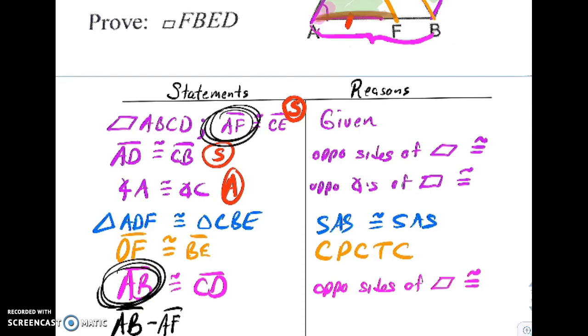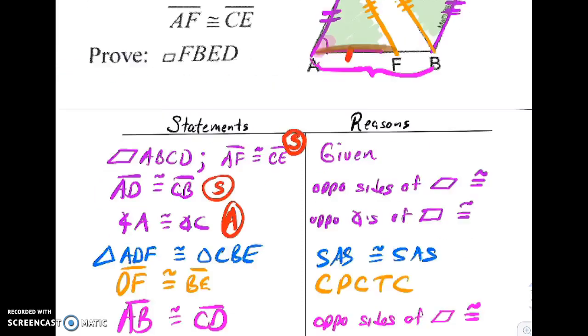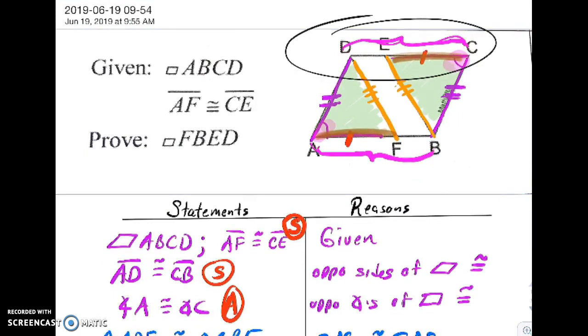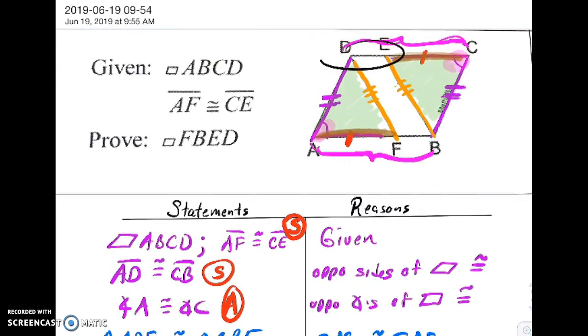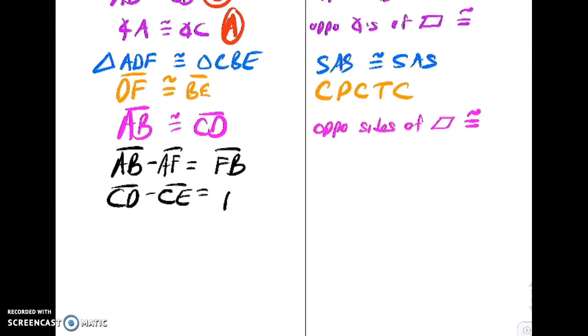AB minus AF equals FB. And I'm also going to say up here in the top row, CD minus CE. CD minus CE equals DE. I'm just going to call that subtraction. Just kind of tell me what you did.